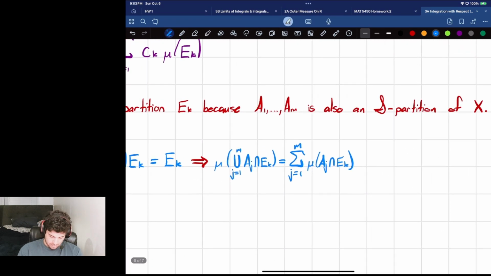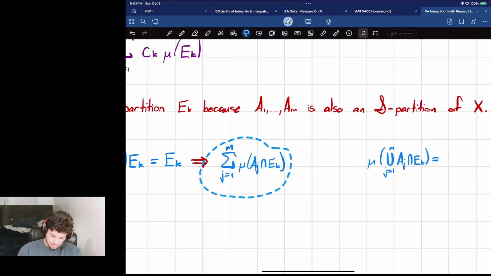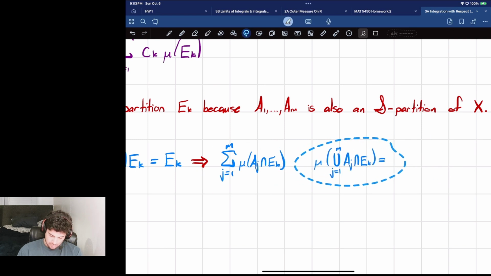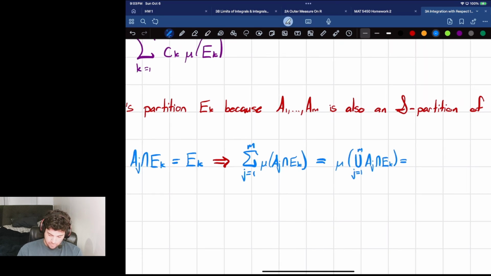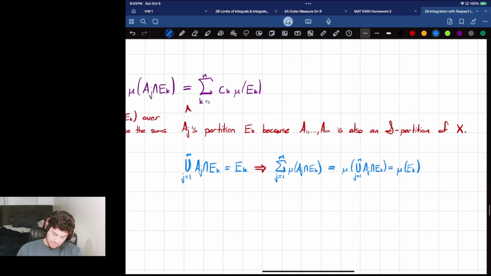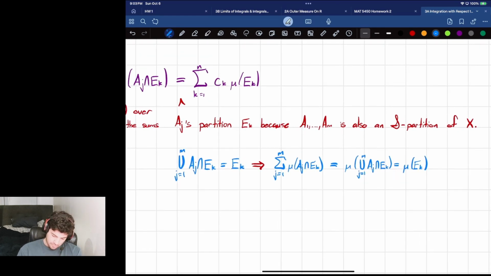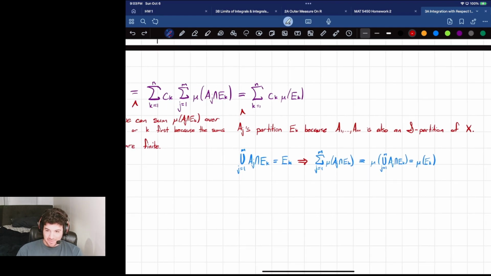And this is equal to the measure of Ek. Okay, there you go. That's the justification.